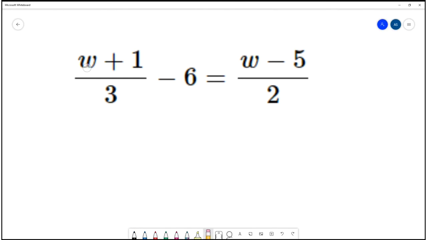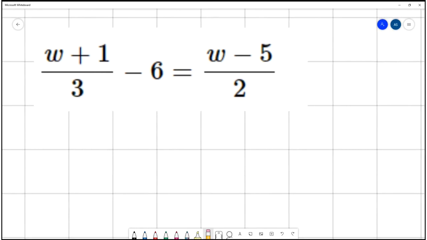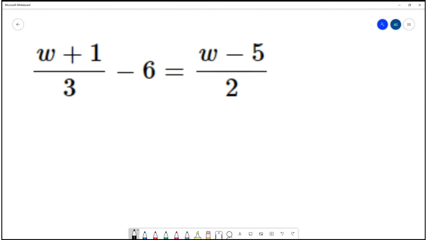For this example, I want to solve the equation w plus 1 over 3 minus 6 equals w minus 5 over 2. So to solve this equation, I want to start by clearing fractions, since we have these two fractions here. The least common multiple between 3 and 2 is 6.